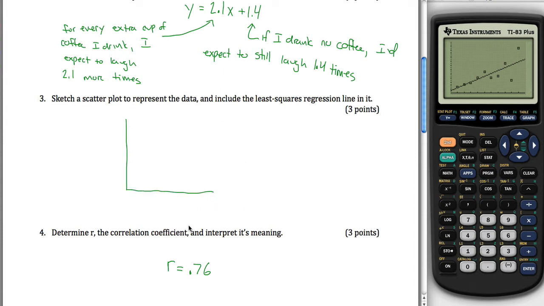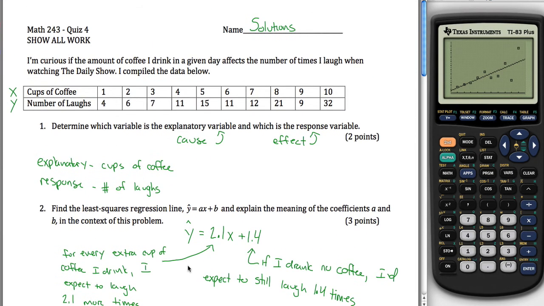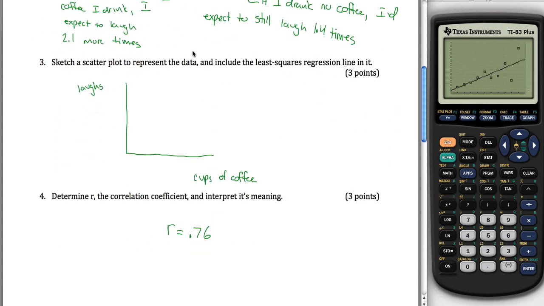Let's see, x's were cups of coffee. And maybe y's were laughs. And get a scale here. X's go from 1 to 10. Y's go from 4 to 32. All right. 1, 2, 3, 4, 5, 6, 7, 8, 9, 10.